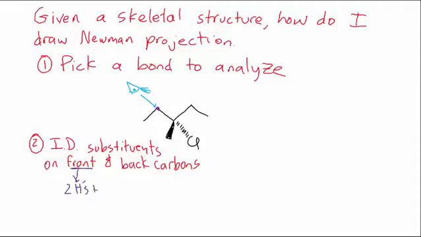And what else is it bonded to? 2 C's. Now, specifically, all I care about is the third substituent. I don't care about the bond that I'm analyzing. So it's bonded to a methyl group. If you haven't picked up on it yet, I use the abbreviation for methyl group, Me, a lot.